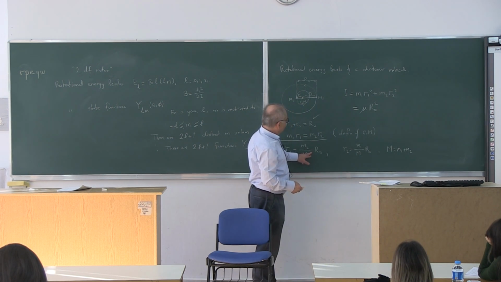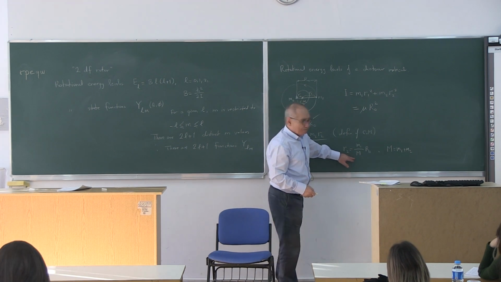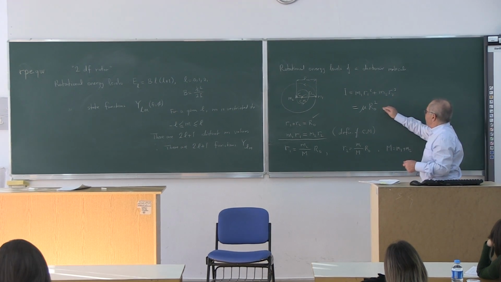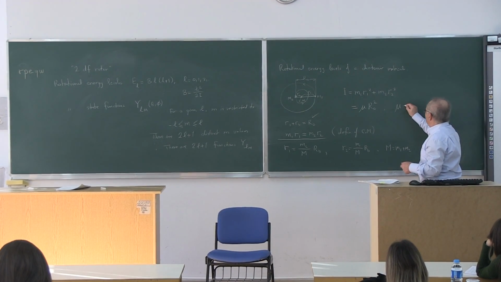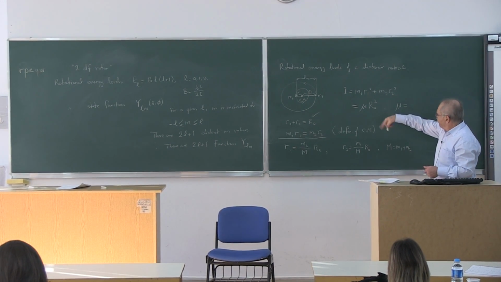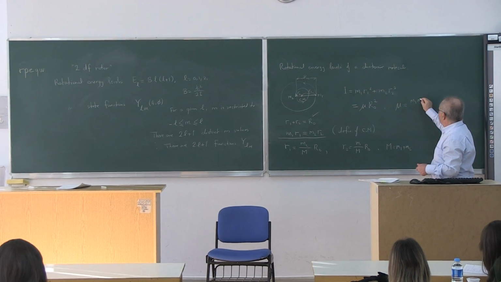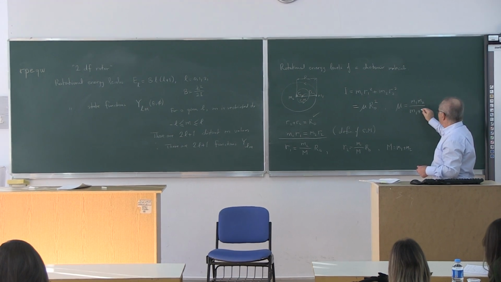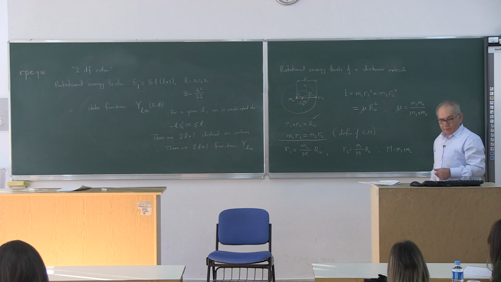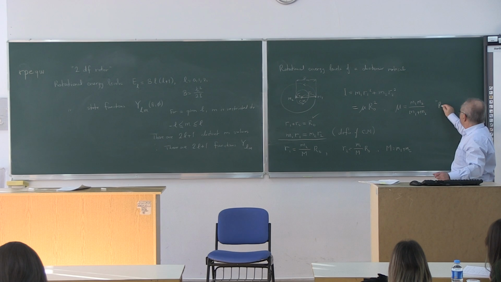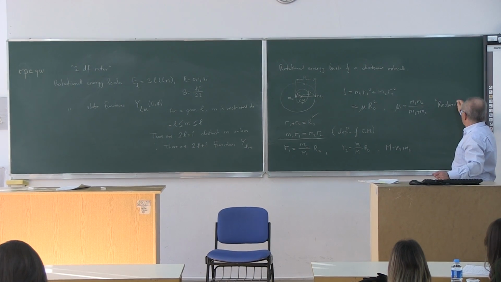Using this expression for R1 and that expression for R2, we obtain this result, where mu is called the reduced mass. It's from here you will see that mass 1 times mass 2 divided by mass 1 plus mass 2 is called reduced mass.